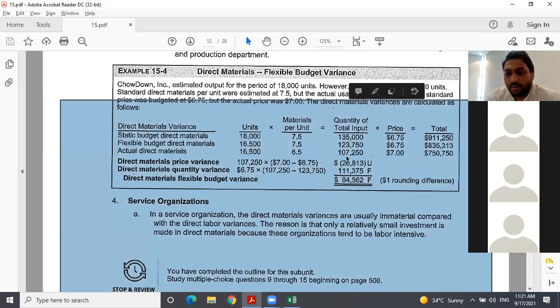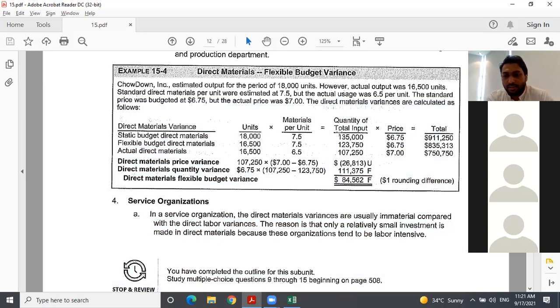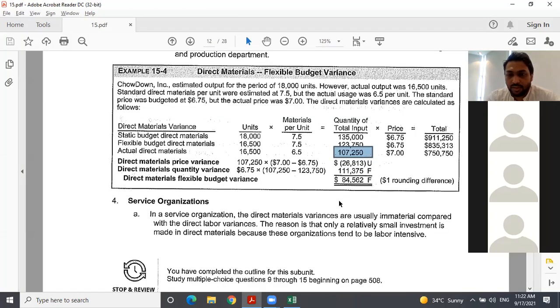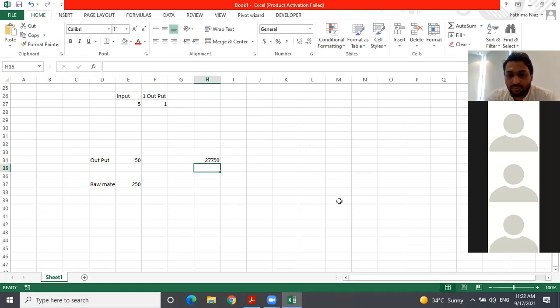You will compare your standard quantity with your actual quantity: 135,000 minus 107,250.